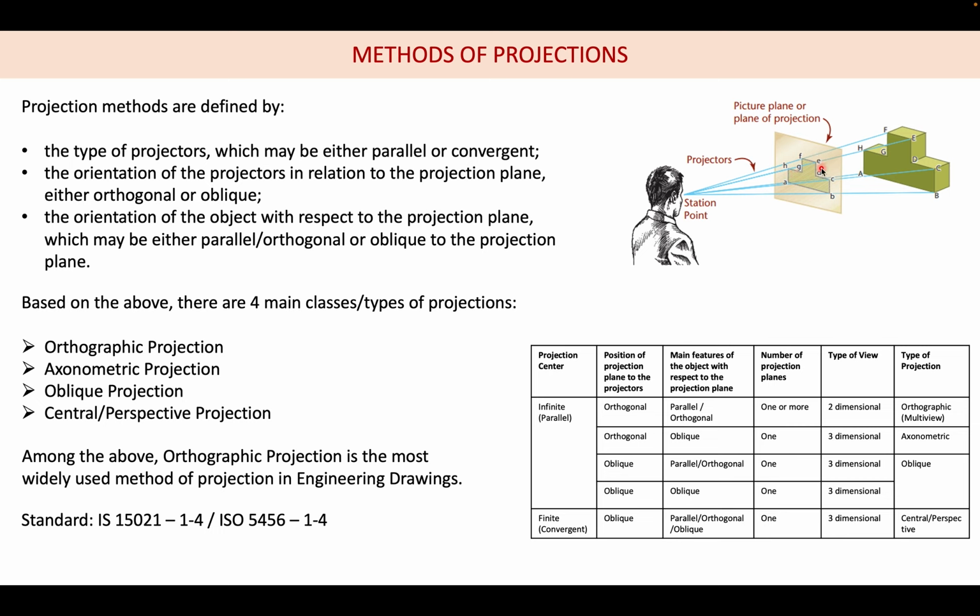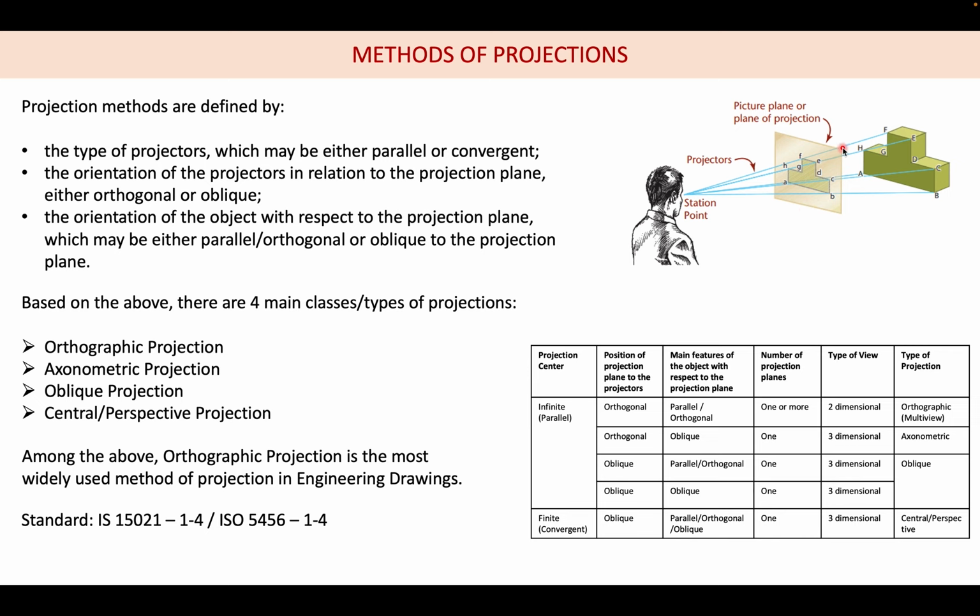Projectors are orthogonal in the sense that, if you look from the top, the projector makes an angle of 90 degrees with the plane of projection. So in this case, will it be orthogonal or oblique?